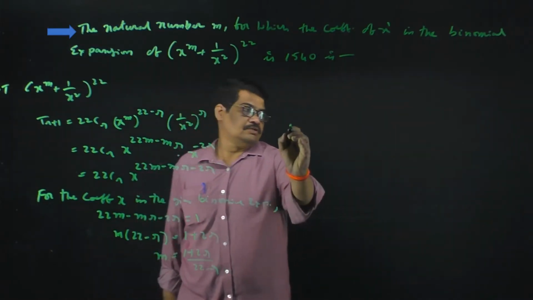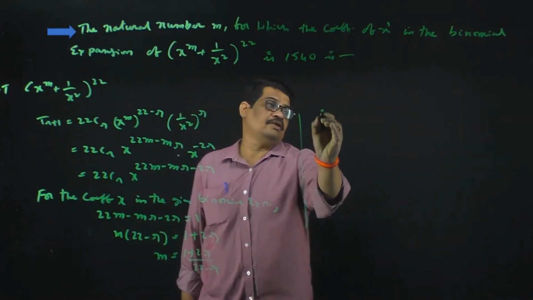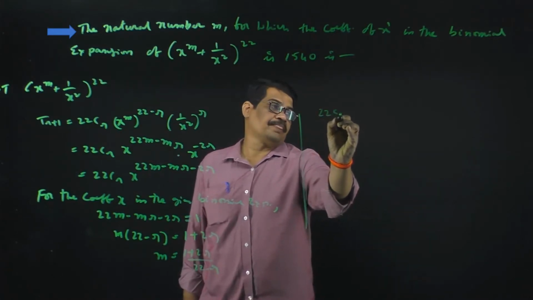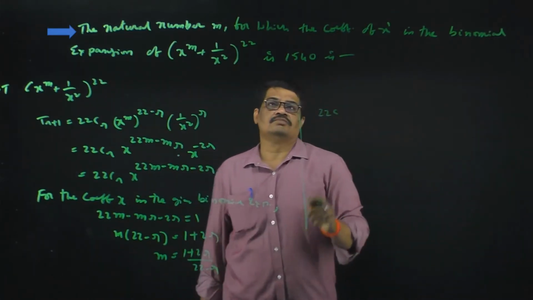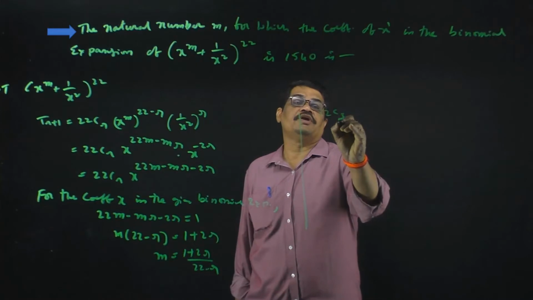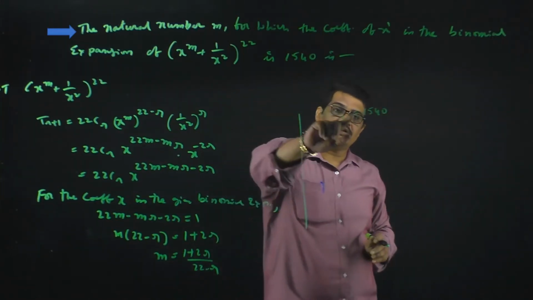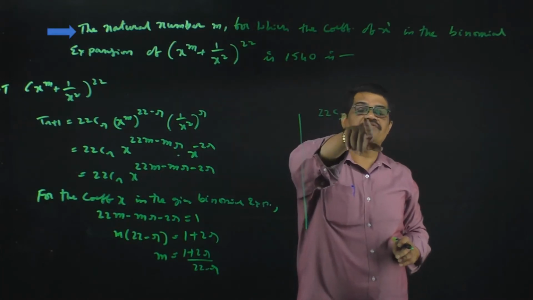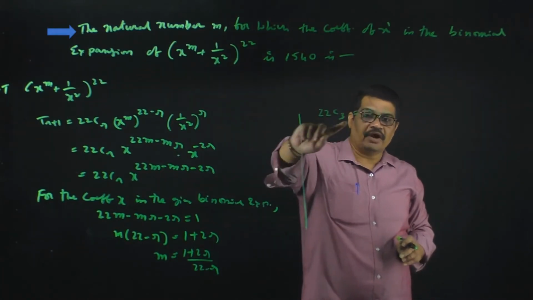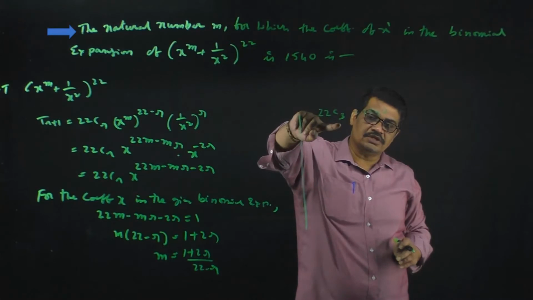Now what is given? 22C3 is equal to 1540. So we find this value is 1540, equal to 22C3.